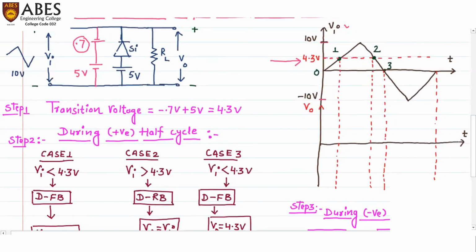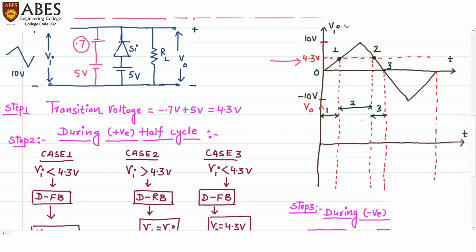Case number 1 corresponds to the portion between point 0 and 1. Case number 2 corresponds to the portion between point 1 and 2. And case number 3 corresponds to the portion between point 2 and 3. These two lines correspond to case number 1, these two lines correspond to case number 2, and these two lines correspond to case number 3.